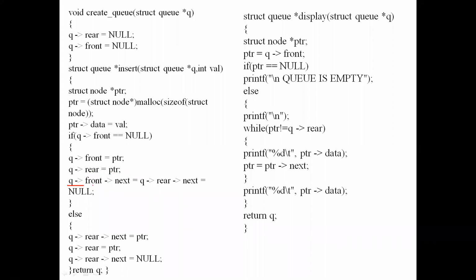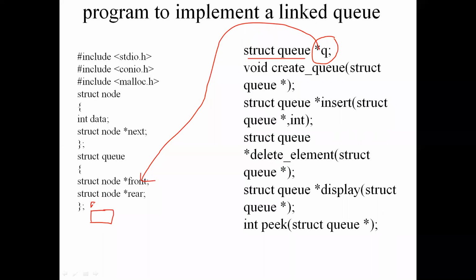What is the meaning of this line, this particular syntax that uses two arrow operators? Can anyone tell what is this? This is Q. This is Q. And this is front.